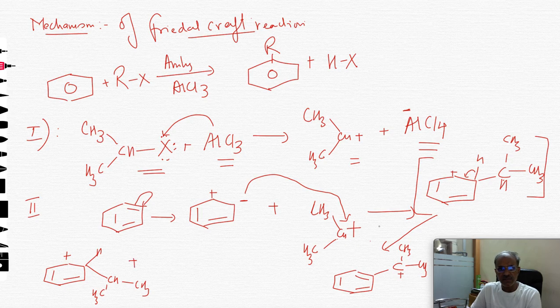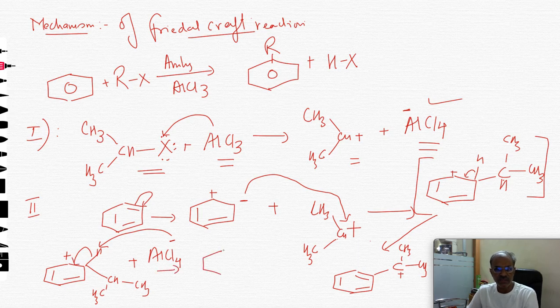Now you can see AlCl4 minus has been formed here in stage 1. Now what happens? It absorbs this hydrogen and then this undergoes resonance, right? Leading to the formation of CH3, CH3 plus AlCl3 plus HCl.